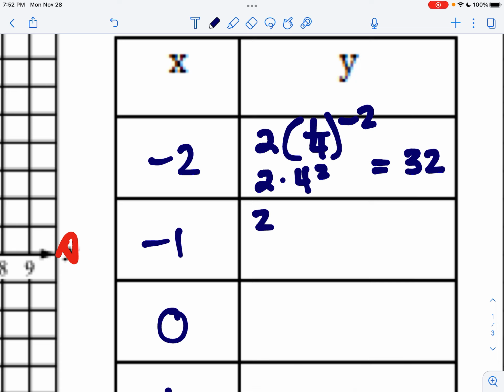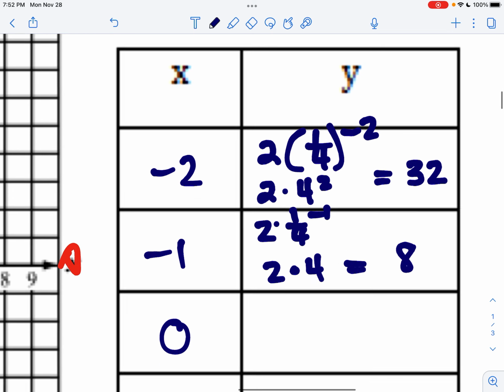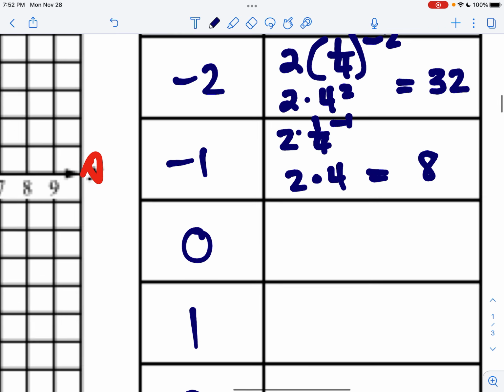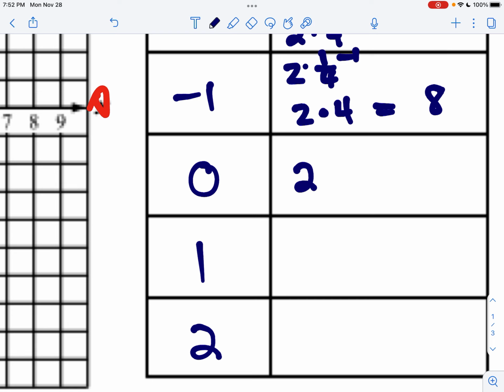This is going to be 2 times 1/4 to the -1, which is 2 times 4, which is positive 8. I already know that my y-intercept, where x is equal to 0, is 2. So I can automatically fill that in.